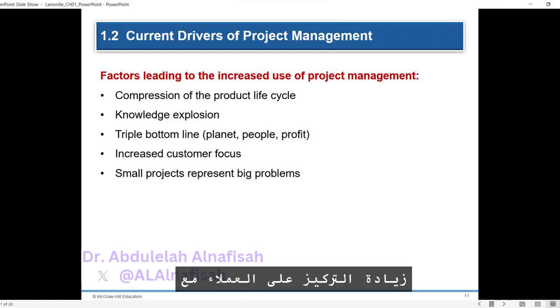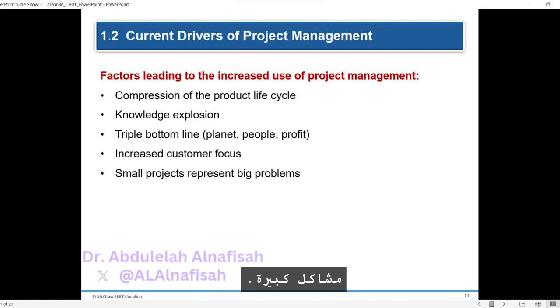4. Increased customer focus. With growing competition and customer expectations, organizations are placing greater emphasis on customer satisfaction. Project management enables a customer-centric approach by ensuring that projects are aligned with customer needs, delivering the desired outcomes and value. 5. Small projects represent big problems.